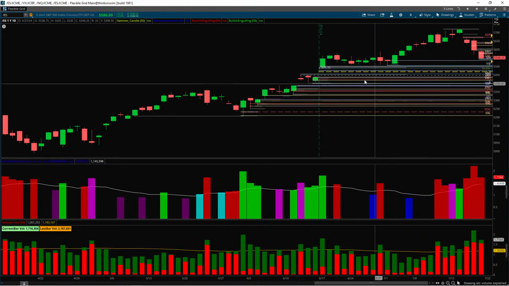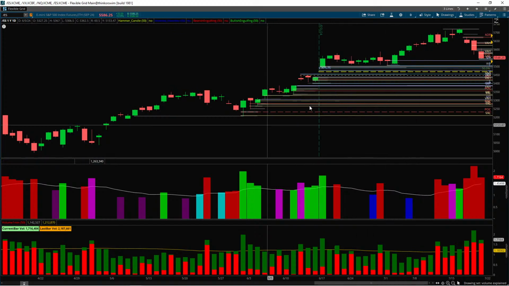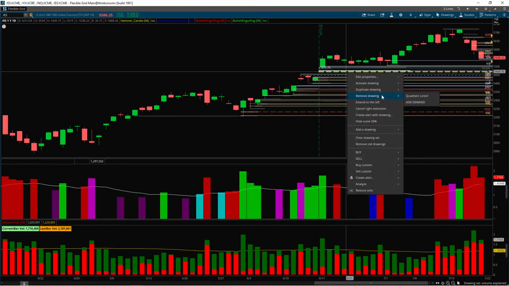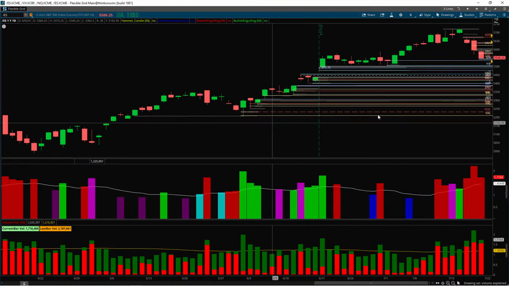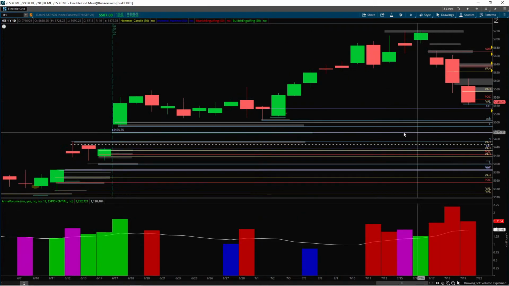If I go into my channel, I do have that mark over here, but it's just a line. So I can get rid of this quadrant here. All right, so right now we are showing severe selling pressure going down. Even though we're in an uptrend, there's a lot of volume that came in selling wise.